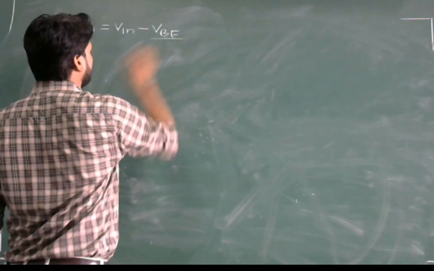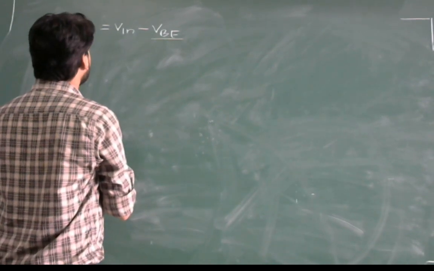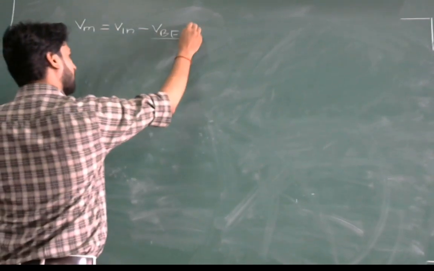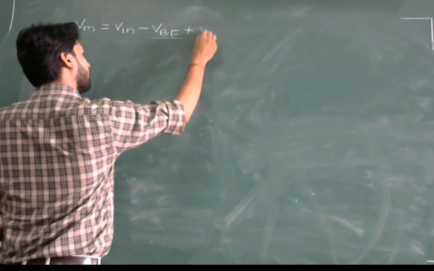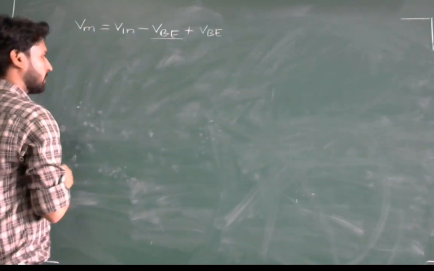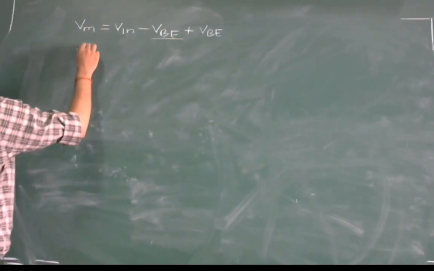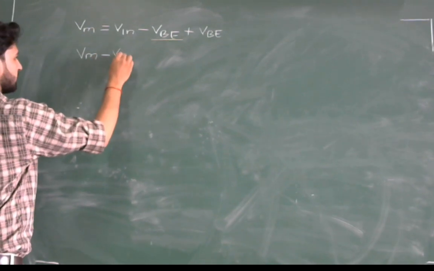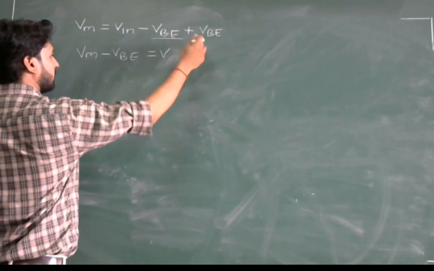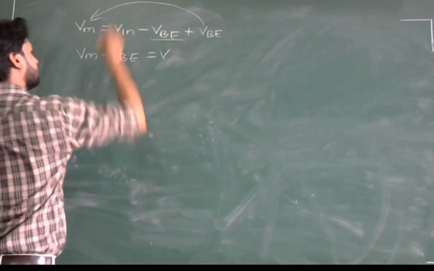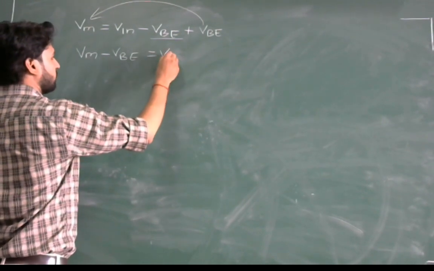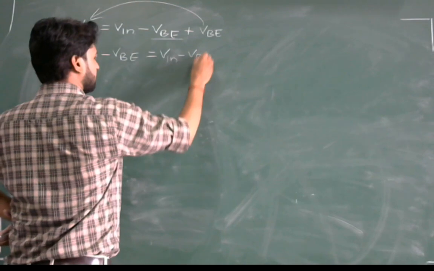We have to remove this term, means somehow we have to add the same amount of voltage in this expression. That means Vm minus VBE is equal to V in minus VBE.